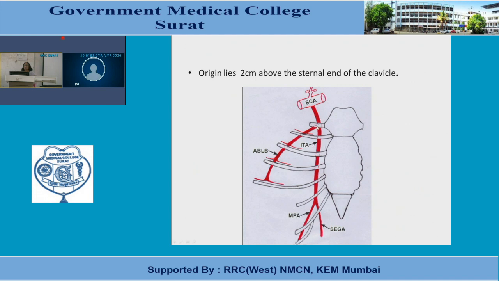This is the clavicle, articulating to form the sternoclavicular joint. It originates behind the sternal end of the clavicle, 2 cm above it, right here at the first rib, behind the first costal cartilage. So this is about the subclavian artery, and this is about the internal thoracic artery.